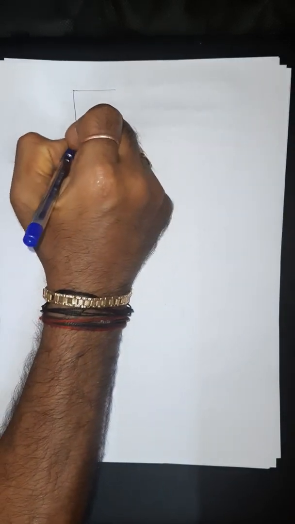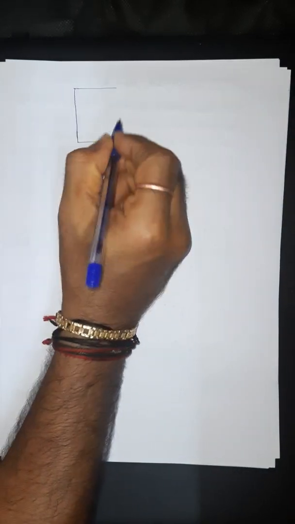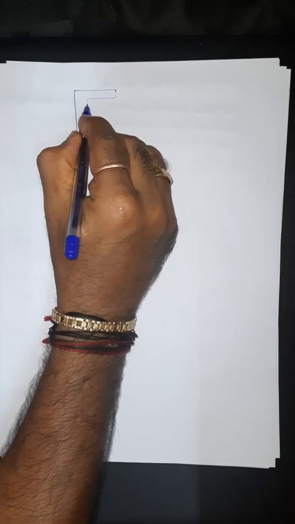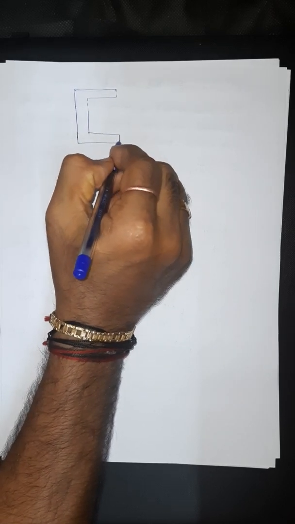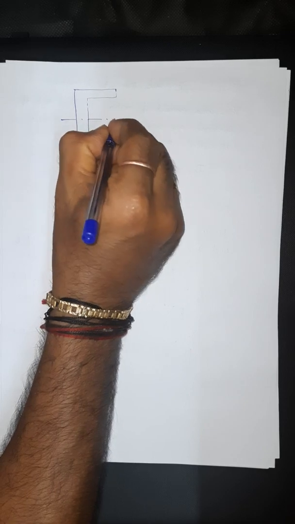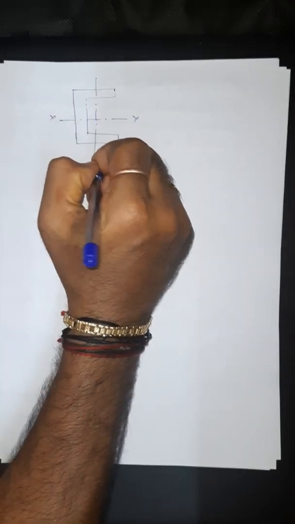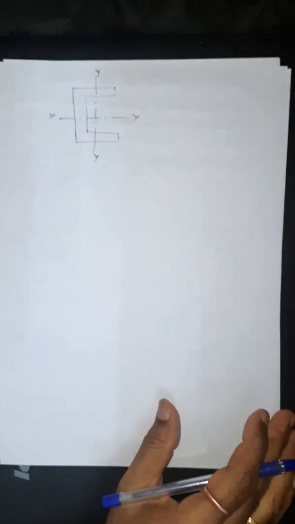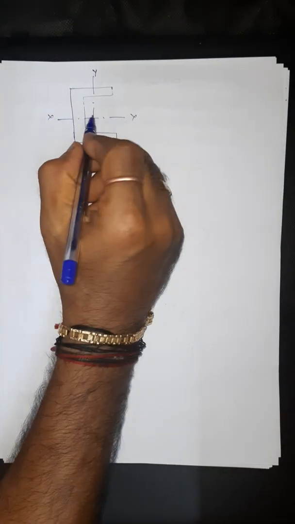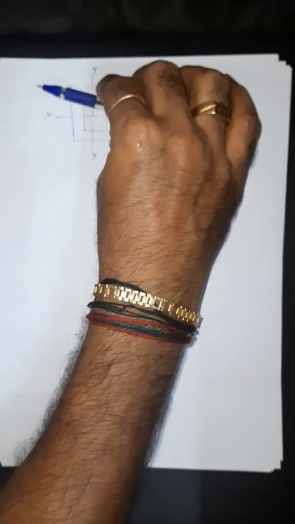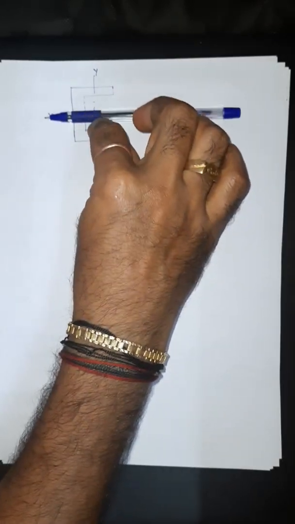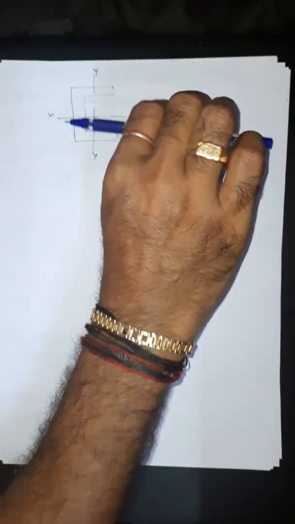Suppose the section is in C shape. The cross section is C. This is the x axis and the y axis will be something like this. Here the x axis is symmetrical because if you keep a mirror here, the upper half would be reflected in the lower half, so they are one and the same.